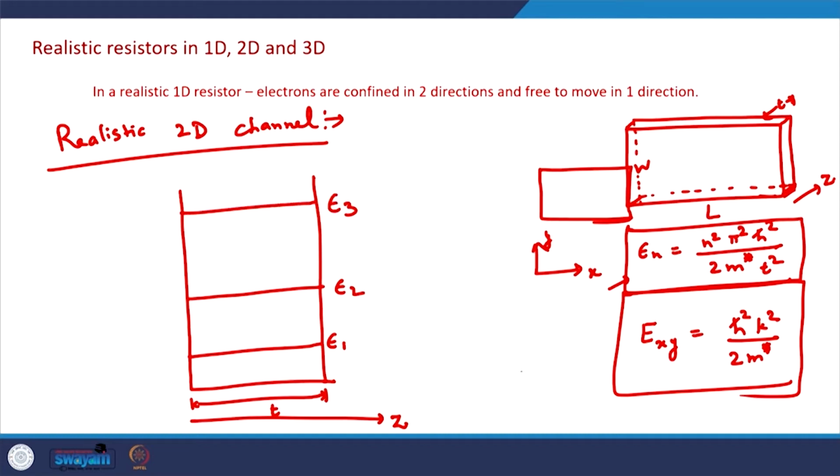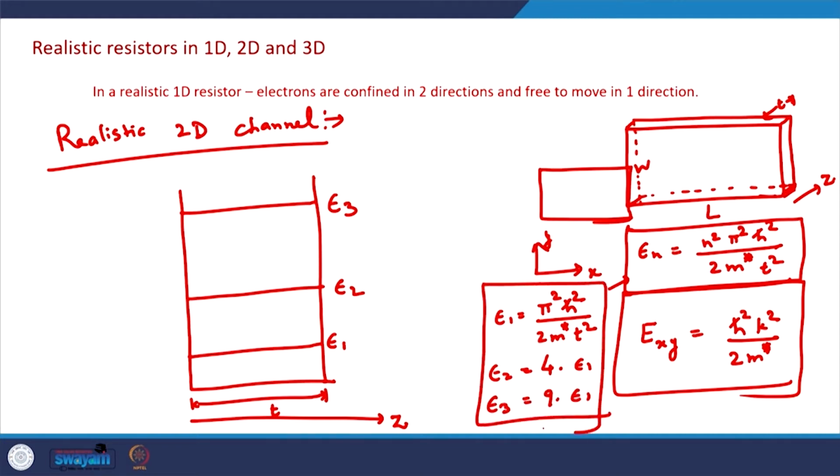Epsilon 1 is essentially pi square h bar square divided by 2 m star T square. Similarly, epsilon 2 is 4 times epsilon 1, and epsilon 3 is 9 times epsilon 1. Please keep in mind that these are the energies because of the confinement in the z direction.